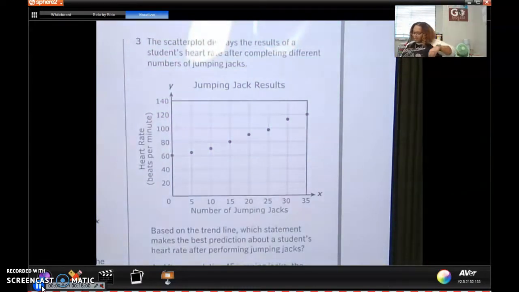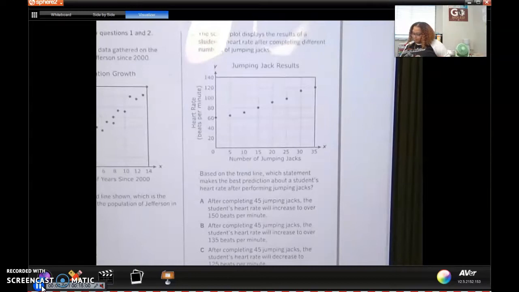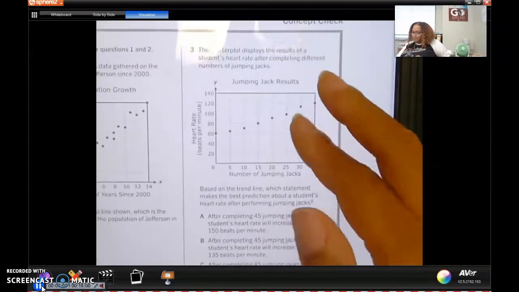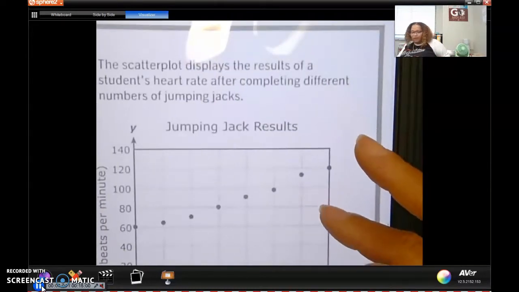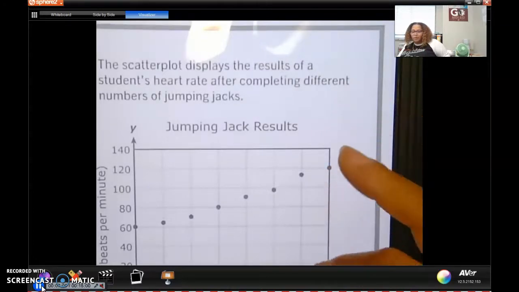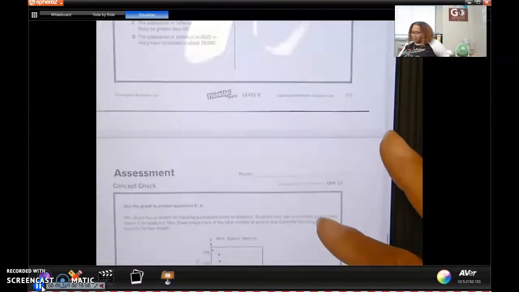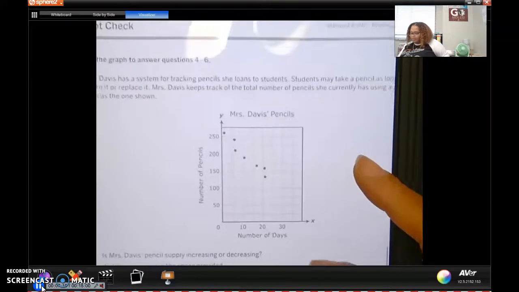It should be at the top of my graph, but not all the way toward the top. Very close to the top. So very close to the top is 140. So I would estimate that it would be between 120 and 140. Be careful, y'all.